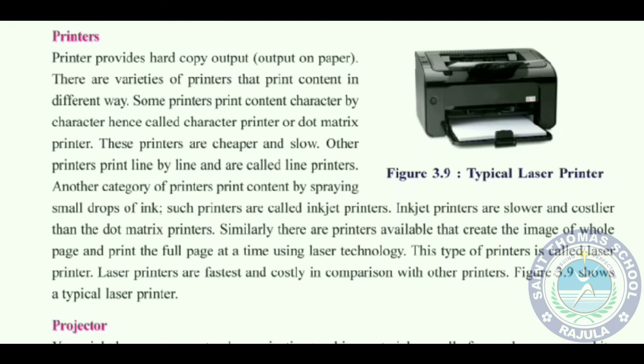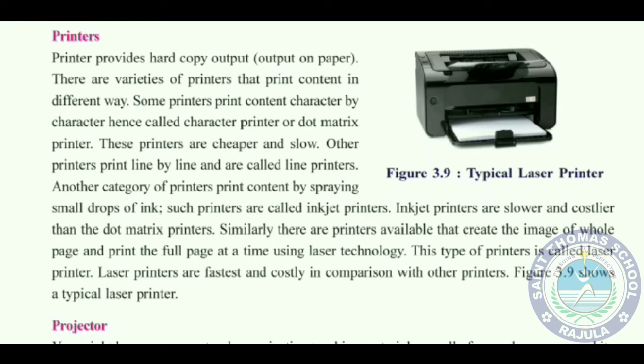The characteristics of these printers are that they are cheaper and slow, meaning they have a lower cost and are very slow. Why is it slow? Because it prints the content character by character. That is why it takes time to print the output.